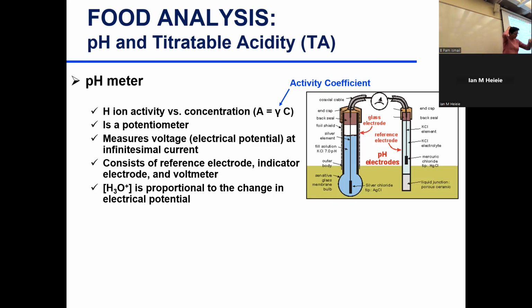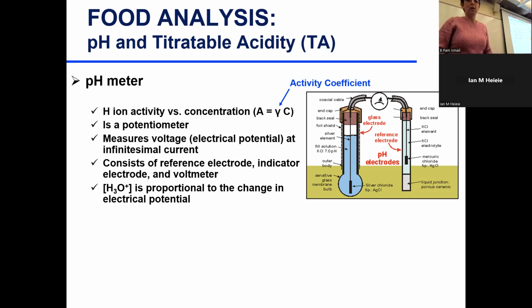So when you put your sample in, and there's your electrode in there, it's going to measure voltage at a very, very small current. And that difference in voltage will be calculated and give you a pH reading.